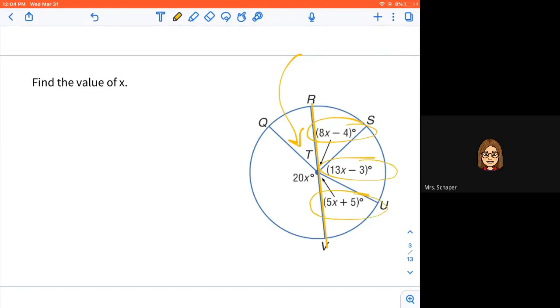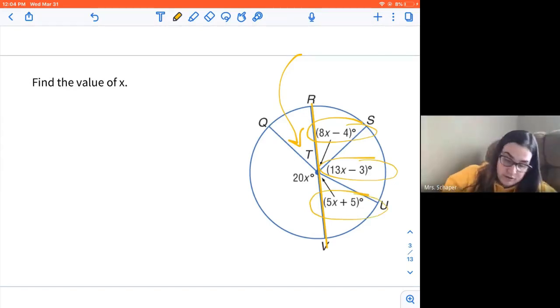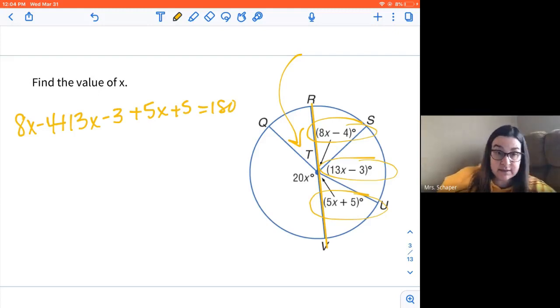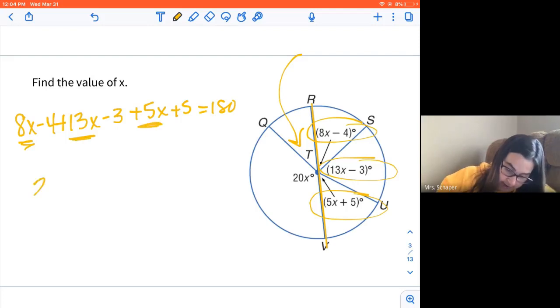So actually, we can take these three values and add them all up together to get 180. So 8x minus 4 plus 13x minus 3 plus 5x plus 5 is equal to 180 degrees. If I combine like terms, 8x and 13x is 21x, plus 5x is 26x.